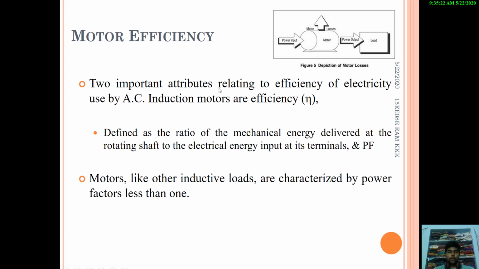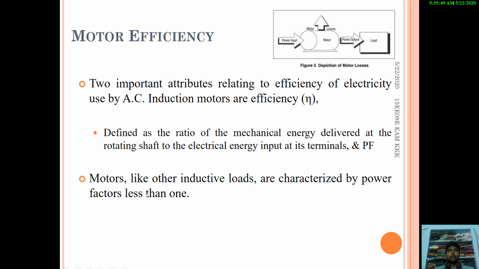There are two important attributes relating to the efficiency of electricity used by AC induction motors: efficiency and power factor. We have already seen that a motor has an output of mechanical energy delivered at the rotating shaft, relative to the electrical energy input at its terminal. Motors, like other inductive loads, are characterized by a power factor less than 1.